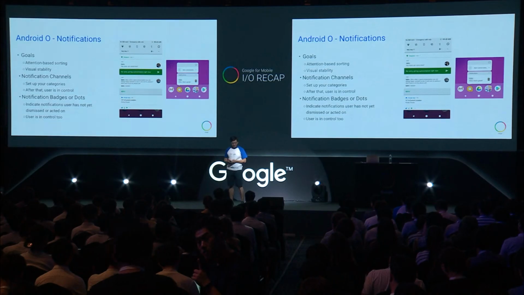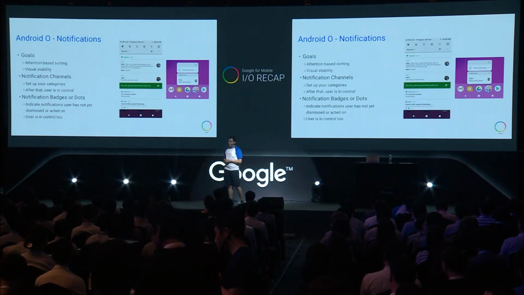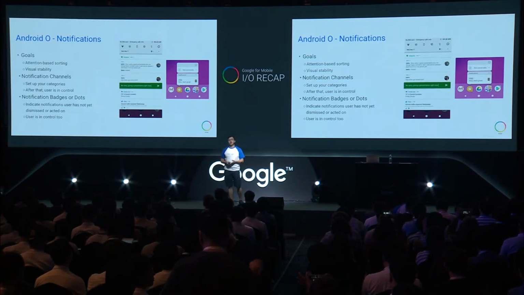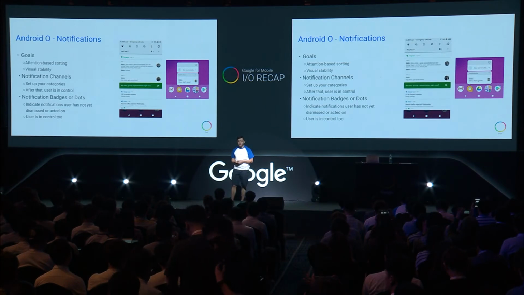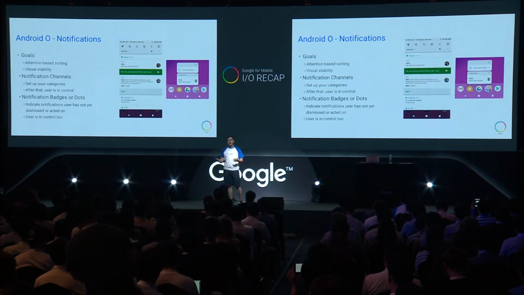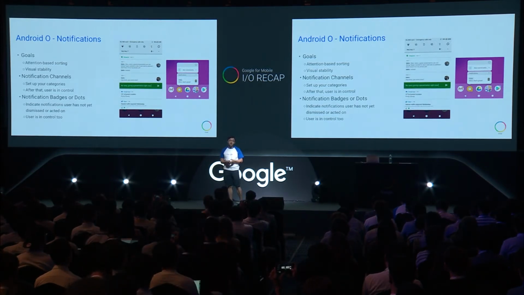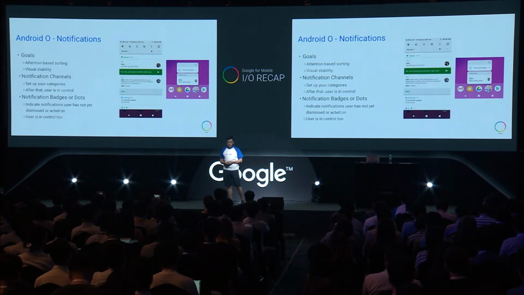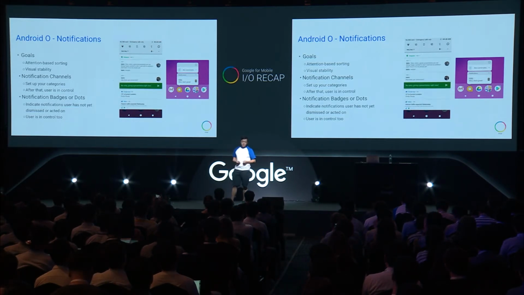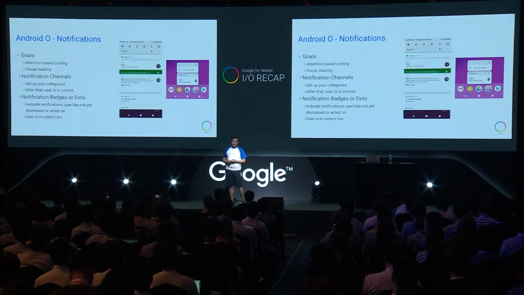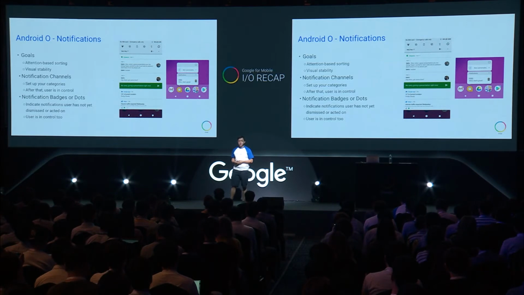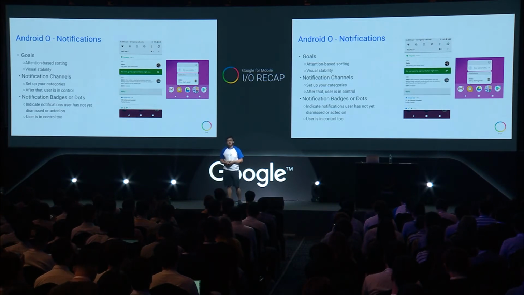In O, we made additional enhancements to notifications. As you can tell, in the past couple of releases of Android, we keep making improvements on notifications. In O, we categorize notifications into 4 new categories based on our user studies on user attention.